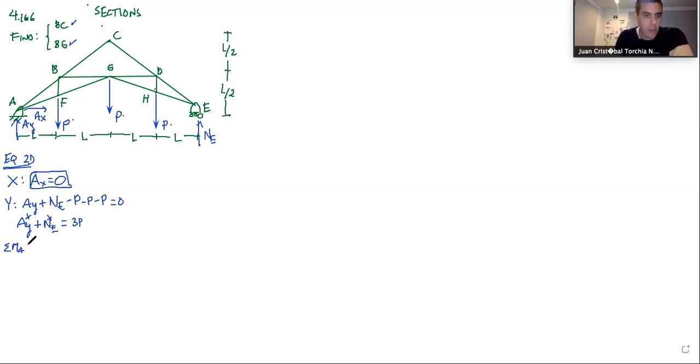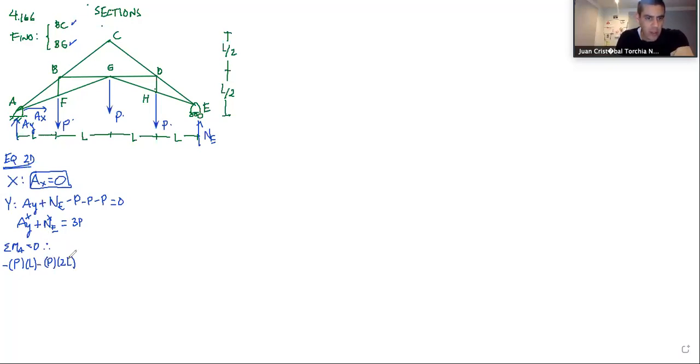So I'm gonna do moment regarding A in order to get all these three equations for the equilibrium to D problem. So what I will have over here is that, for example, P times L, okay, this first P times L, and maybe you see that this guy is a negative. Later, P times now 2L, okay, because I need to move myself, not just one L, but two L's to find this P over there.